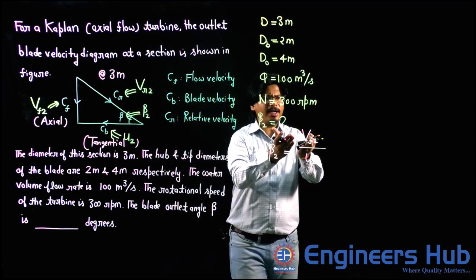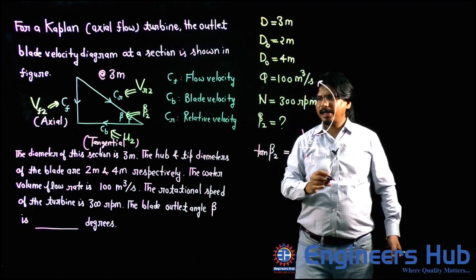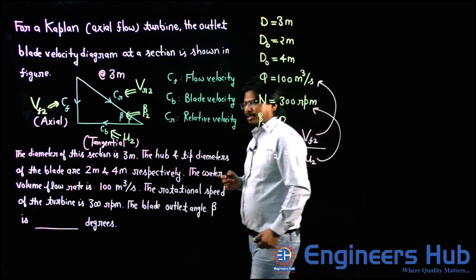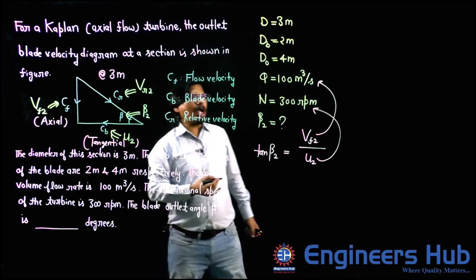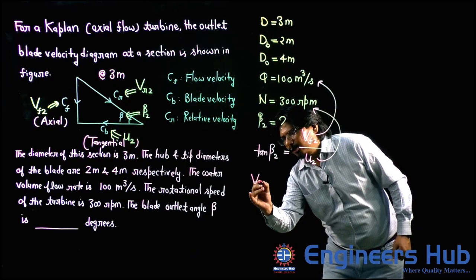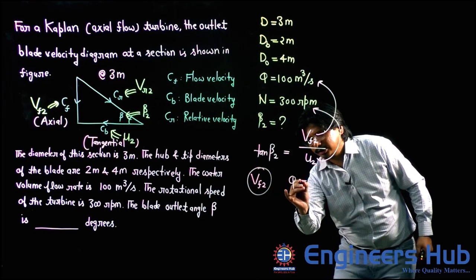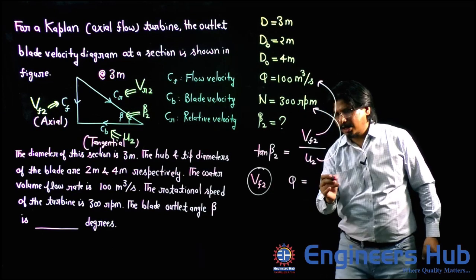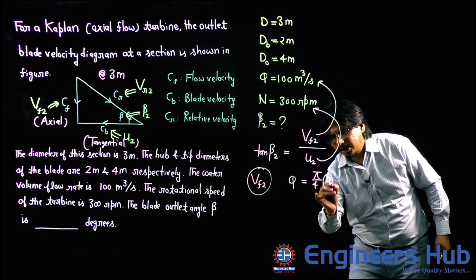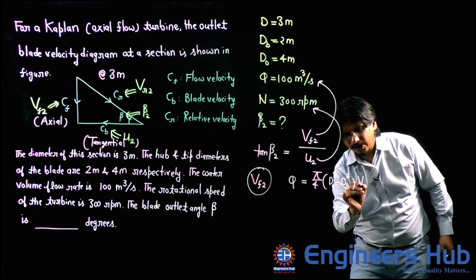Now the question is how to find this VF2 and this base. For finding VF2 they have given discharge in the question, and for finding U2 they have given diameter and rotational speed. How are we going to find VF2? Discharge can be written as pi by 4 into dO square minus dB square into VF2.